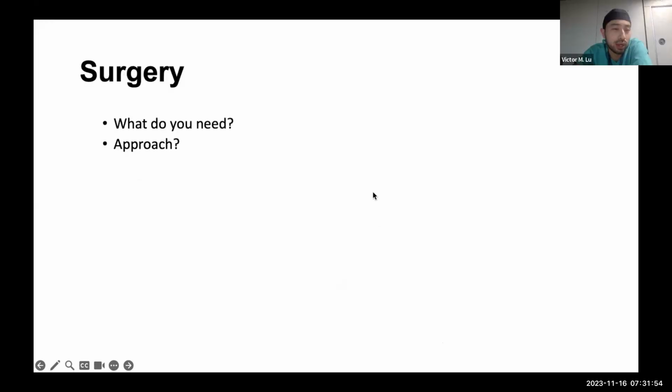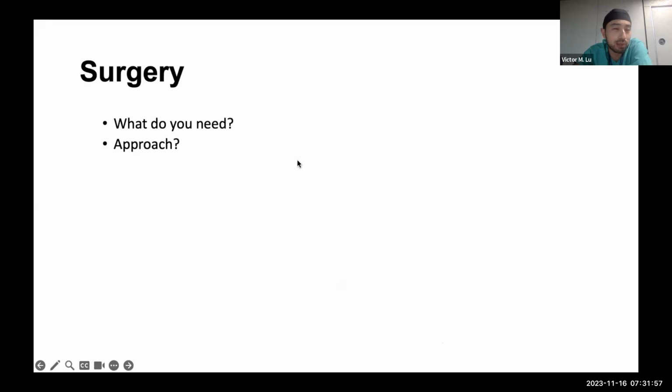I think we could talk to the patient about removal and do a laminectomy resection of this lesion. Good.